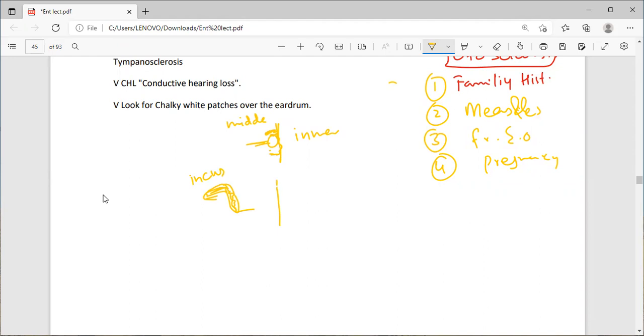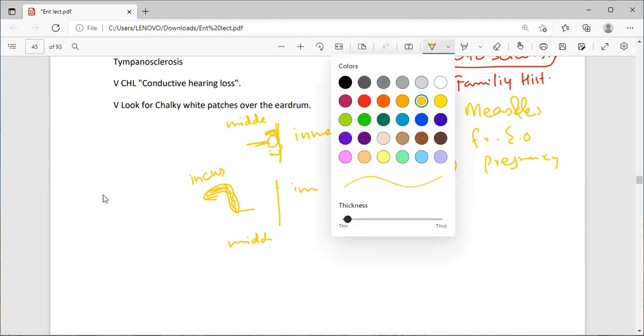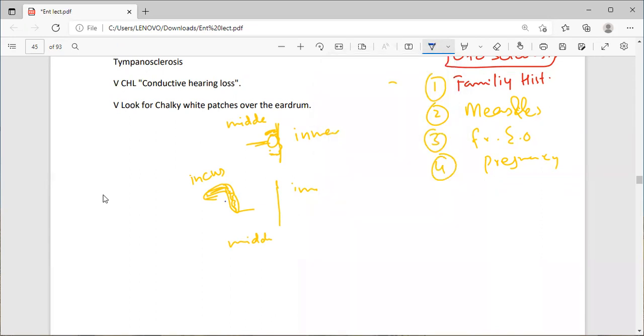This is the inner ear, and this is the middle ear. Now what we do is insert something like this. So whenever it perceives the vibration, it can convey it further. This is called a stapedectomy.